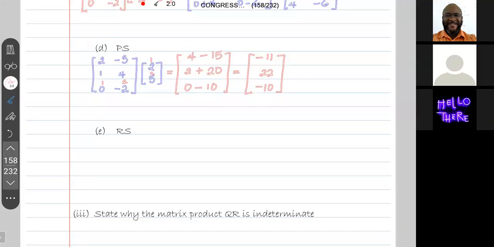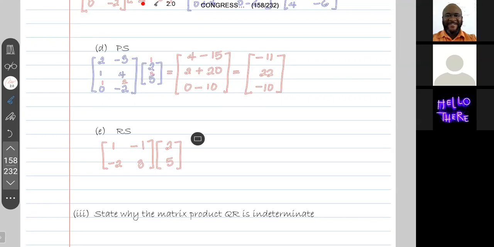All right, so RS, R is 1 minus 1 minus 2, 3, multiplied by S, which is 2, 5. So we're multiplying a 2 by 2 with a 2 by 1.